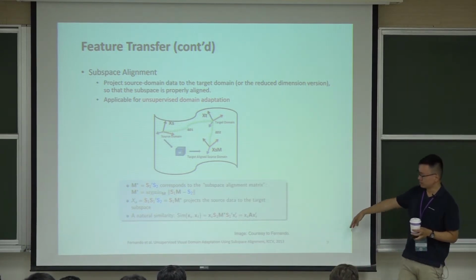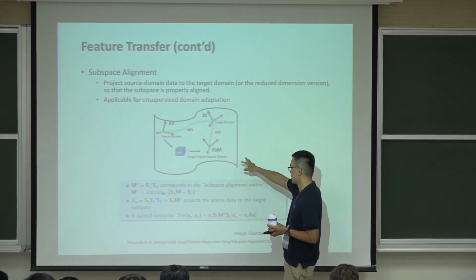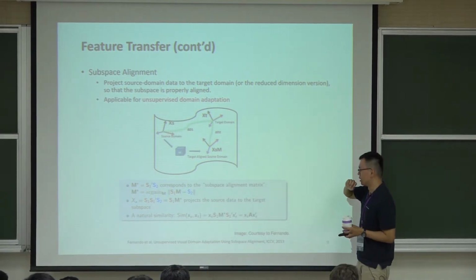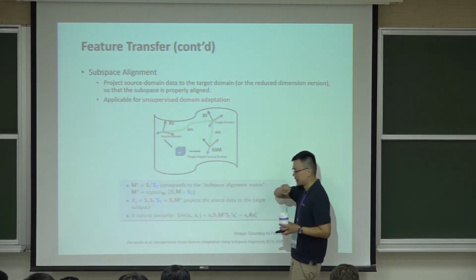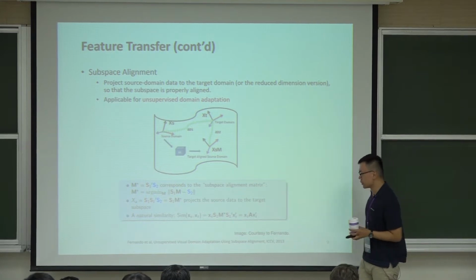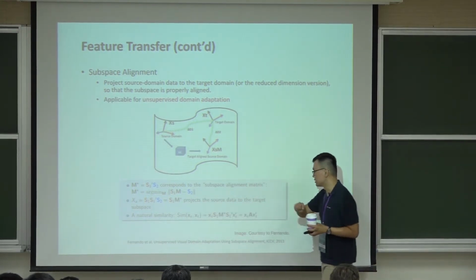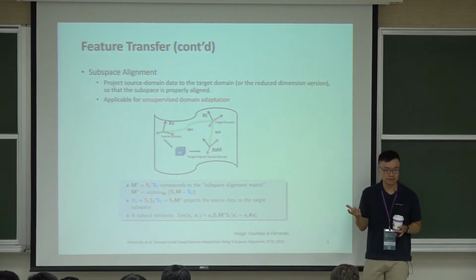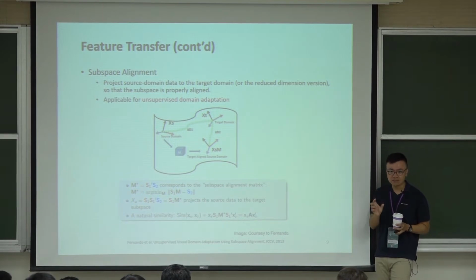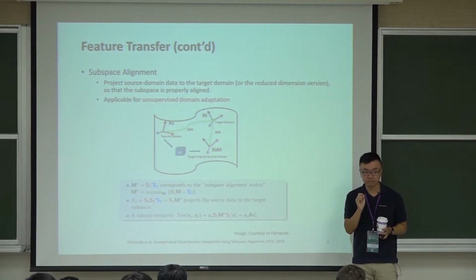Okay, so this one is pretty straightforward, I think. The first one is they compute the transformation matrix, mapping the data from one domain to the other. And after the projection, they simply have the similarity loss, like I just suggested. For the data of the same category, they should have higher similarity.